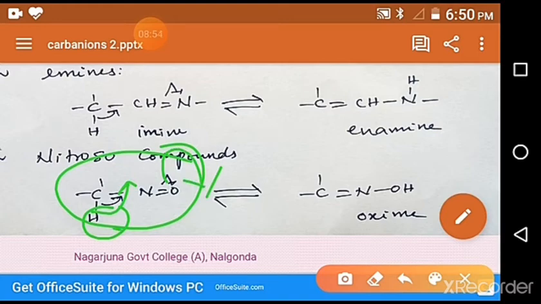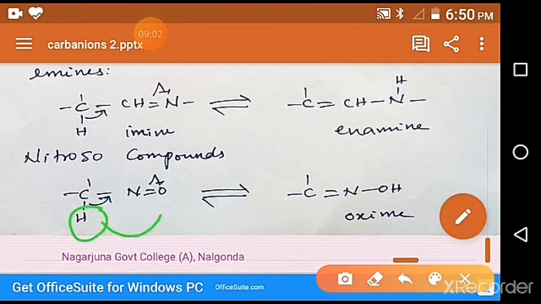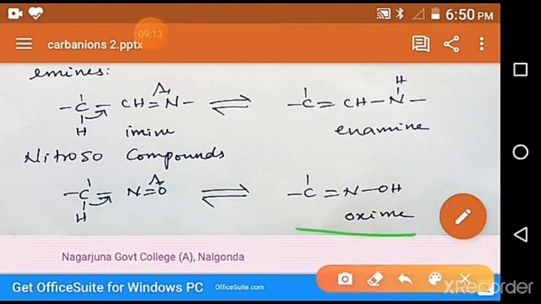So the hydrogen is shifting to oxygen and the double bond is shifting to the carbon-nitrogen bond. This group, with the double bond and OH, is called oxime. So the nitroso compound is in equilibrium with the oxime. These two are also called tautomers. Why are these tautomers? There is a proton shift from carbon to a more electronegative atom adjacent to the carbon.